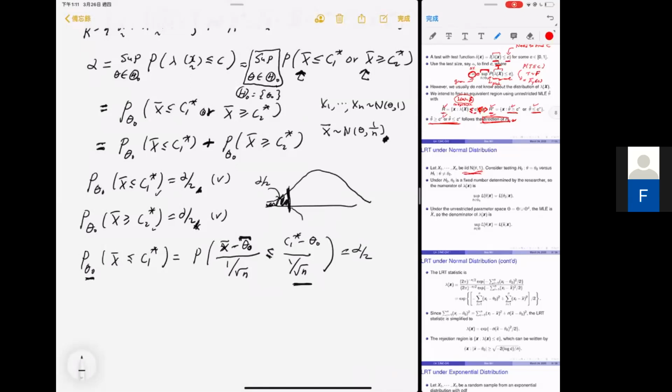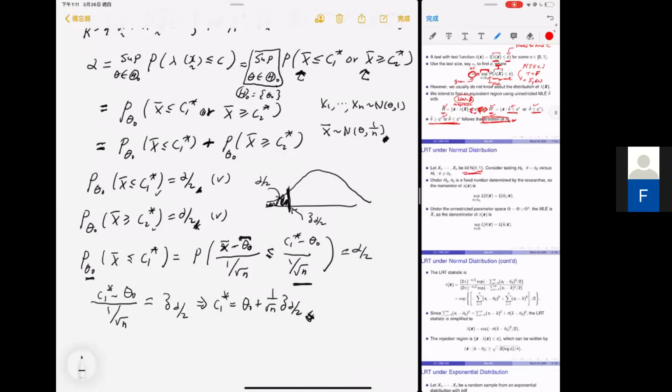That means this quantile right here is z alpha over 2. That means C1 star minus theta 0 divided by 1 over square root of n equals z alpha over 2. That exactly gives you C1 star equals theta 0 plus 1 over root n times z alpha over 2. You see that? That is how I find C1 star.